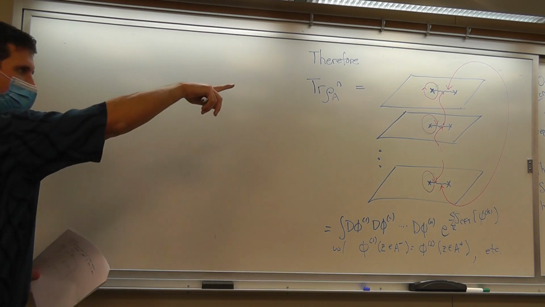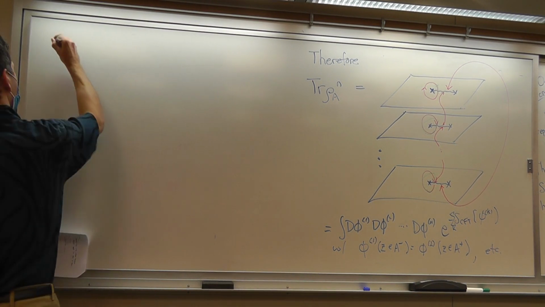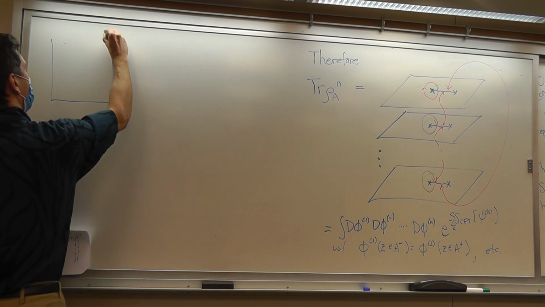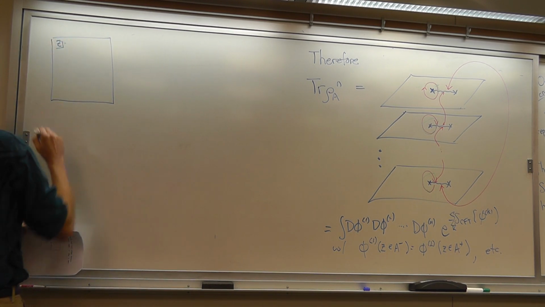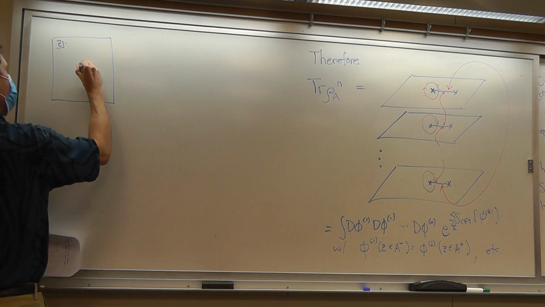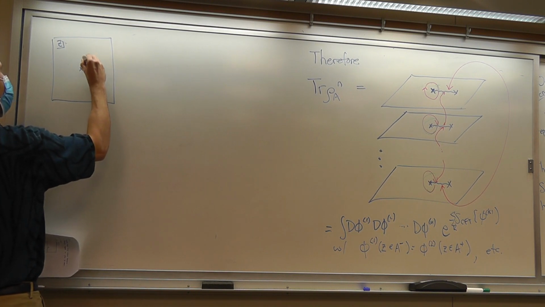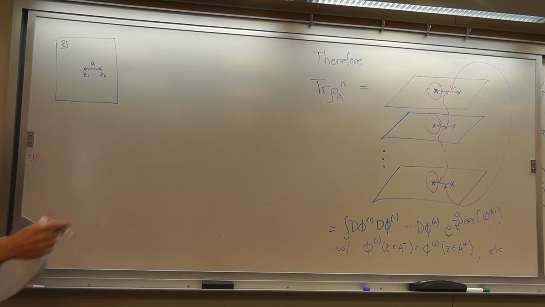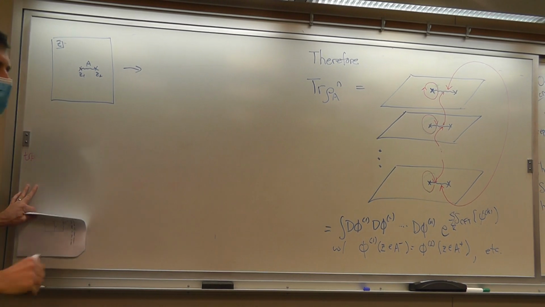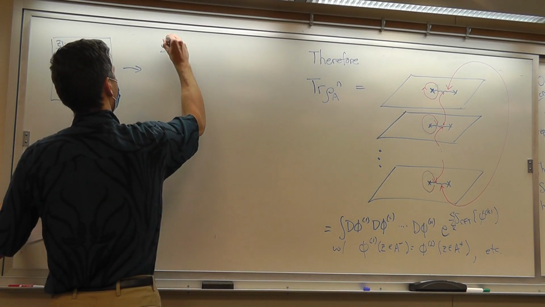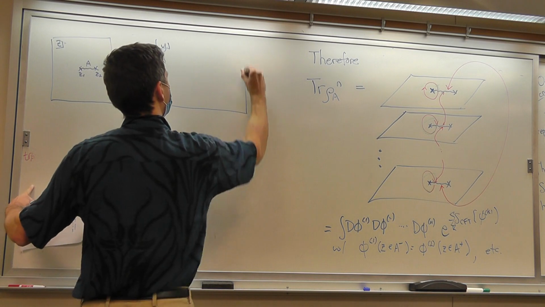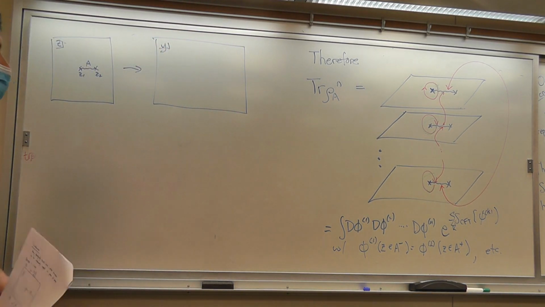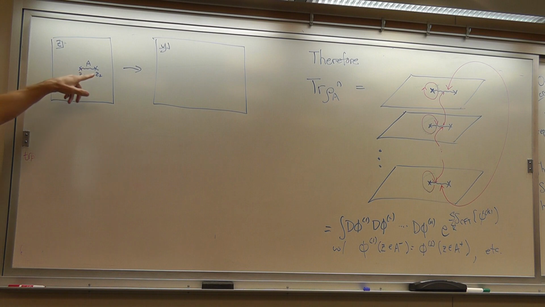I'm going to stop drawing these crazy pictures with n sheets. I'm just going to draw one of the sheets. Okay, so on the z-plane, which was our starting coordinate, region A went from z1 to z2. Now, under the map that I just defined, we go to the y-plane. And what that map does is it takes z1 to the origin and z2 to infinity. That's how someone came up with that map.